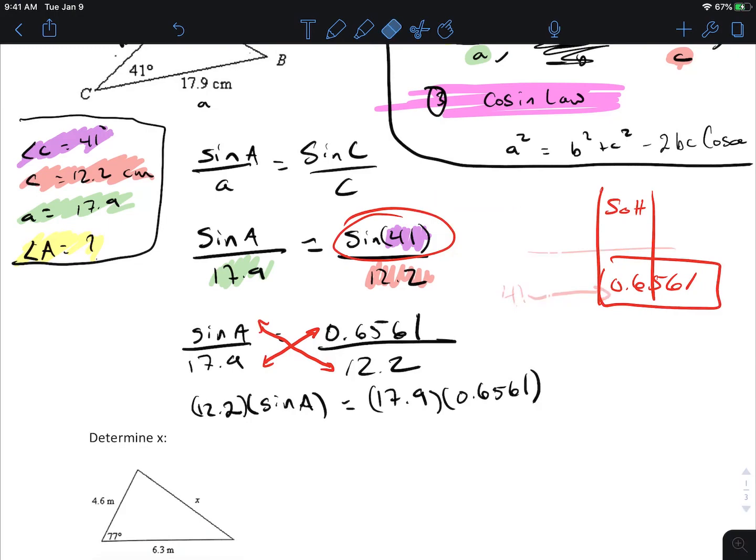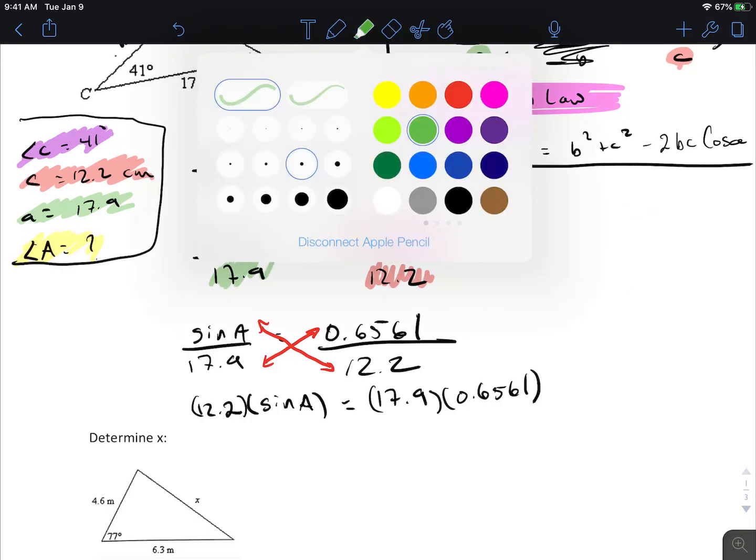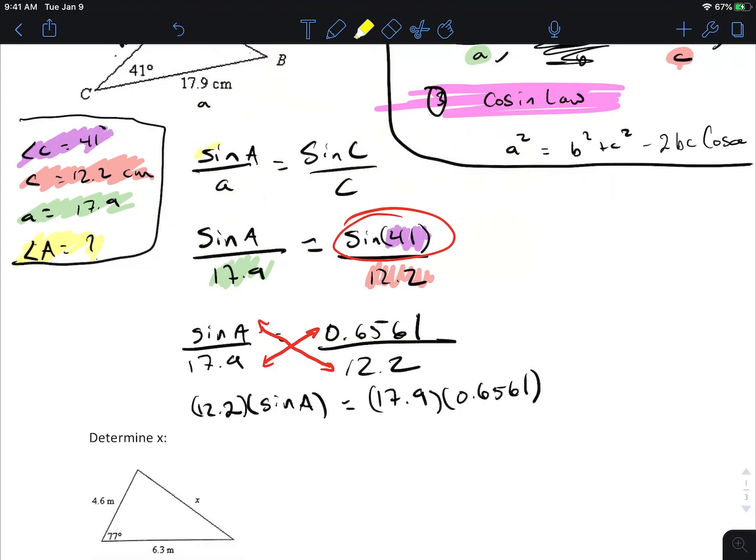Okay, what's the next step? What am I trying to do? Remember what I'm trying to solve for. Right from the very beginning, we said this is what I'm trying to solve for. I don't know what this is, so I'm trying to get it by itself so that I can read it off with my calculator. I'm just trying to get the yellow piece by itself.